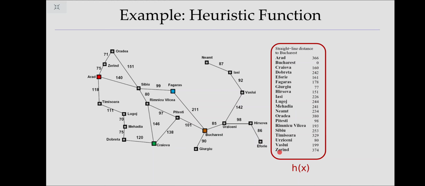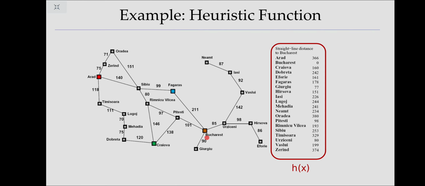The same process is done for all of the nodes. And now we have a heuristic h(x) between any state and the goal state. As you see, this heuristic is task dependent. It is related to the location of Bucharest.